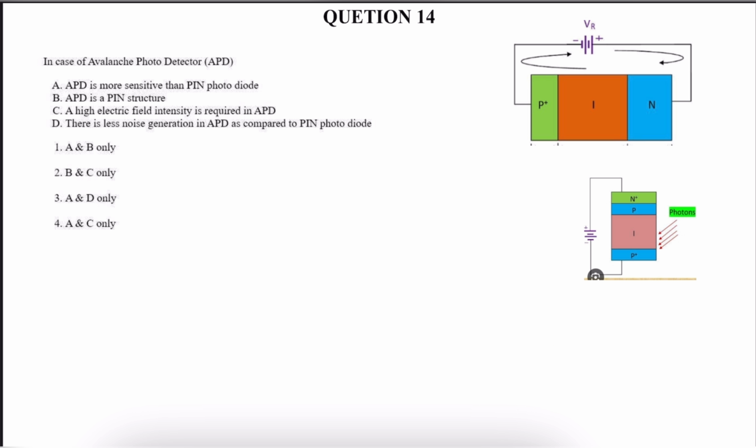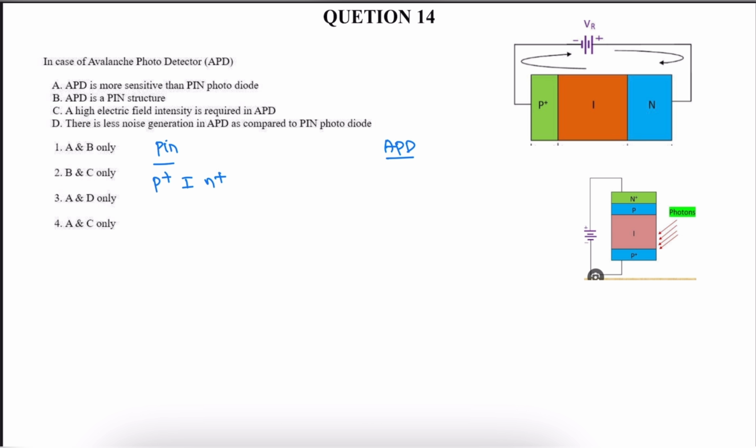Next question. The statements are related to avalanche photodiode and PIN diode. The PIN photodiode has P plus region, intrinsic region and N plus region.